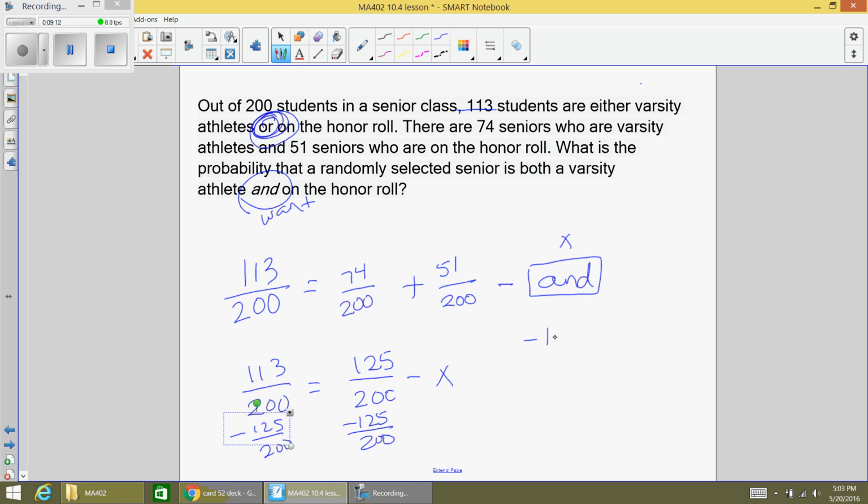So I get negative 12 over 200 equals negative x. Now I'm going to divide by negative 1 or multiply by negative 1, whatever. X is equal to 12 over 200. So 12 divided by 200 in my calculator is 0.06 or 6%. That is how we do this.